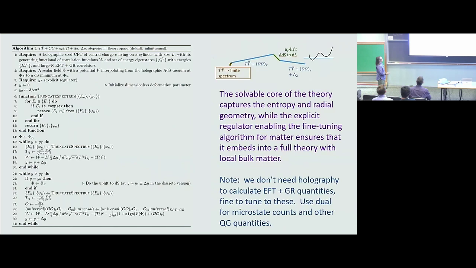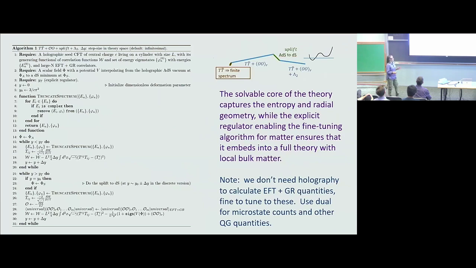And again, even though this is, I keep stressing, kind of a brute force tuning procedure, one point of it really is that it validates the nice solvable core of the theory, which we already had presented. One thing I want to note is that we want to reconstruct the bulk. We want to understand how that works.